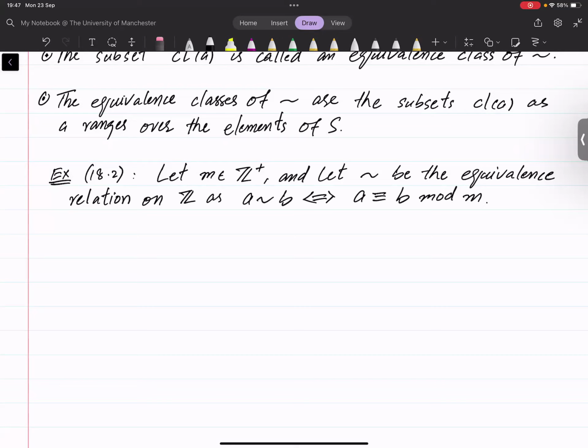Okay, what are the equivalence classes of this relation?